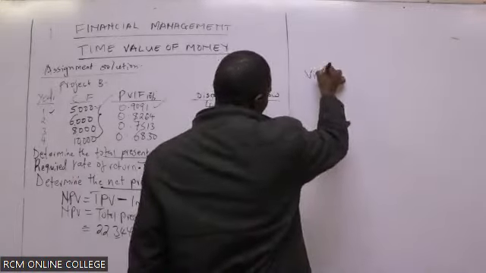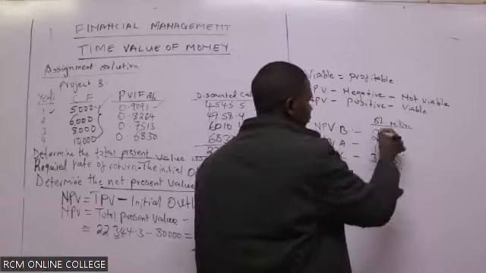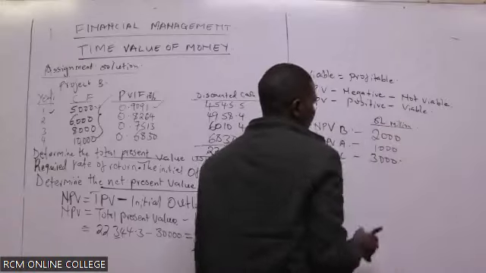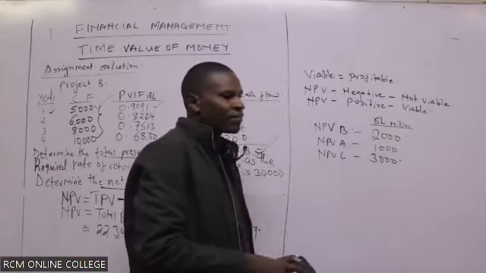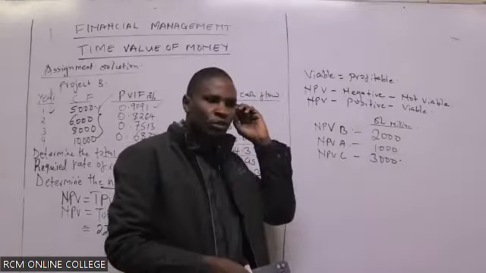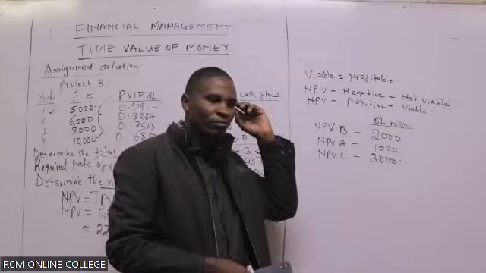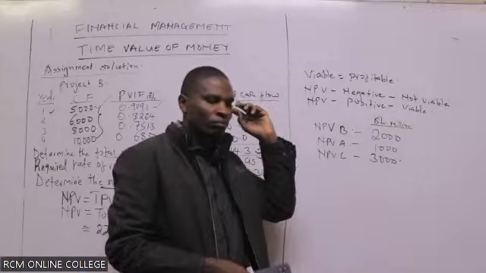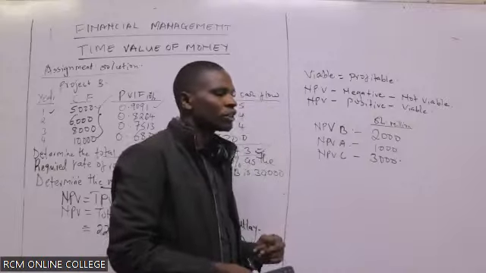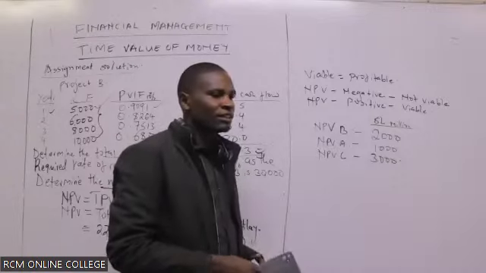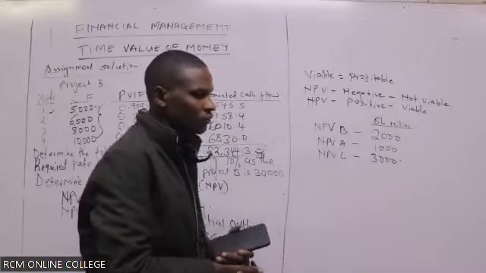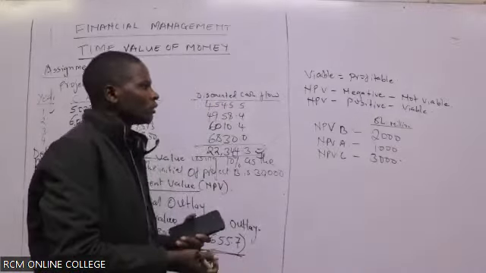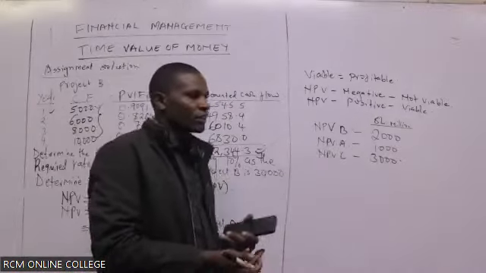Investor Jane comes to you and tells you she wants you to advise her on which project to invest in. As a financial analyst, which project would you advise Jane to invest in? These are some of the NPVs of the projects.